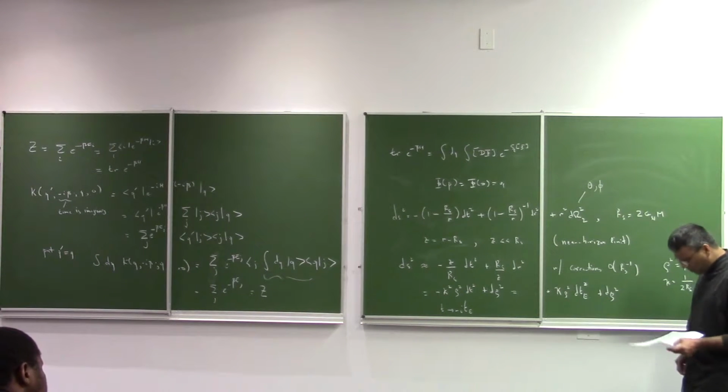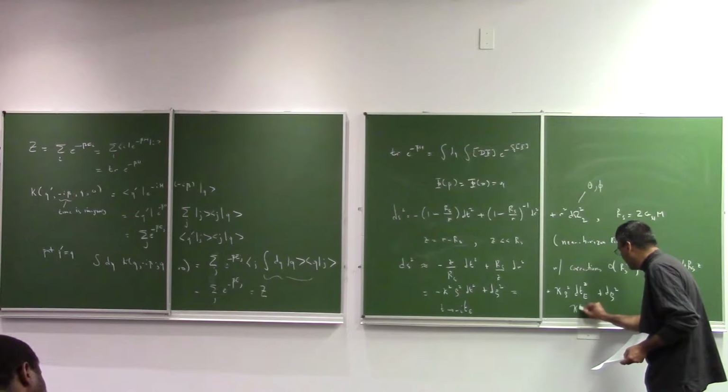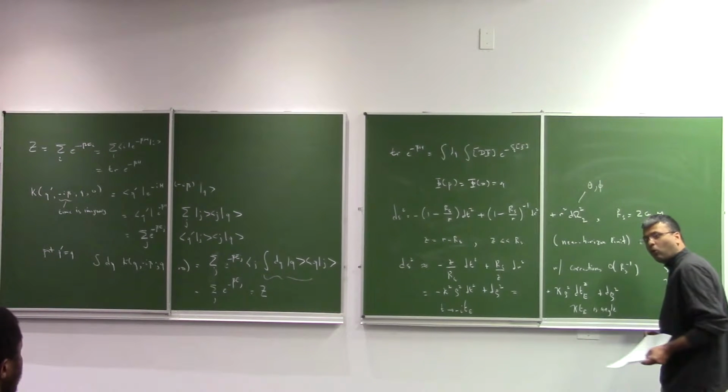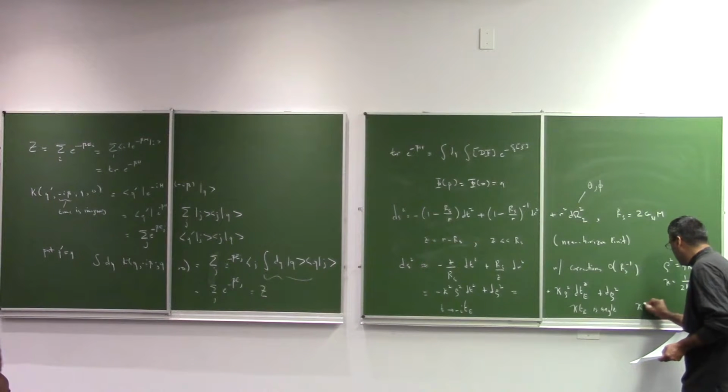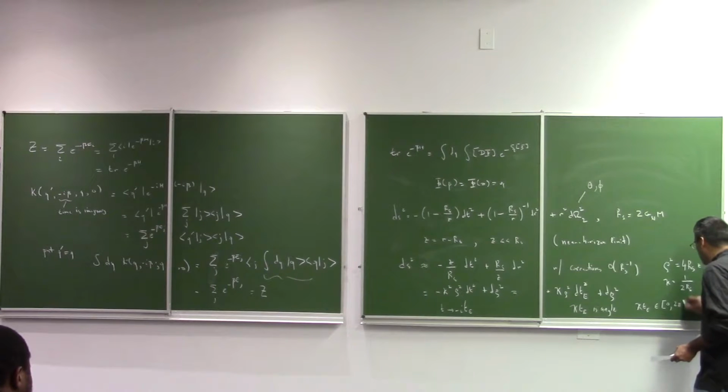I look at this metric, and I notice that this kappa t Euclidean is an angle. And the metric is just the metric of polar coordinates if kappa t Euclidean lies between 0 and 2 pi.